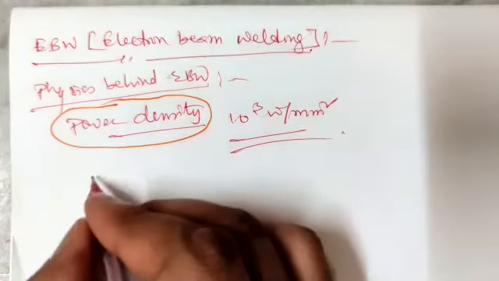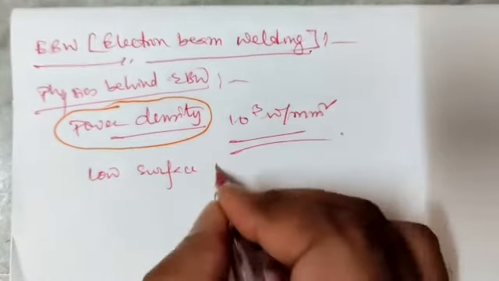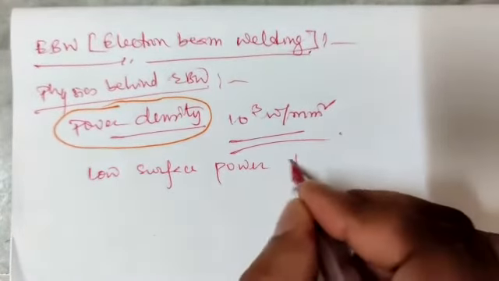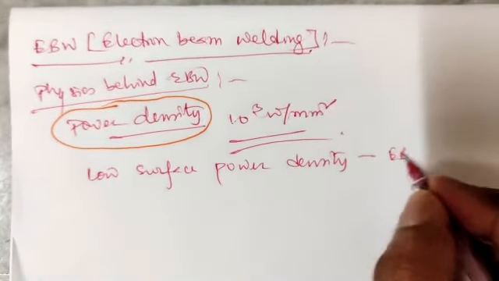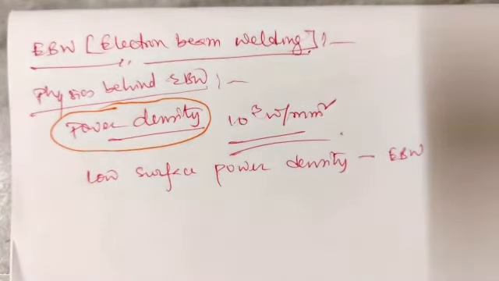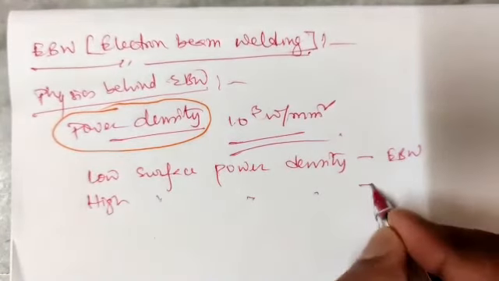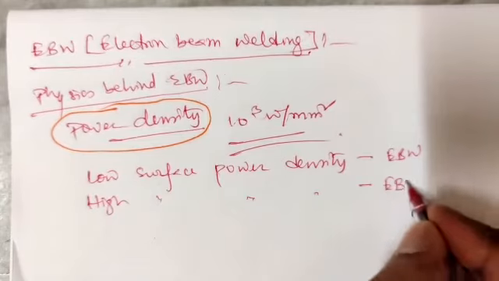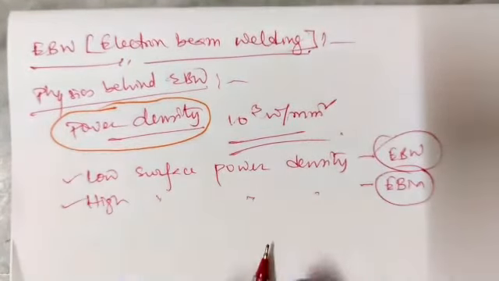At low surface power density we can perform EBW, that means electron beam welding. At high surface power density we have to go for EBM. This is the difference. Understood? Clear, everyone?